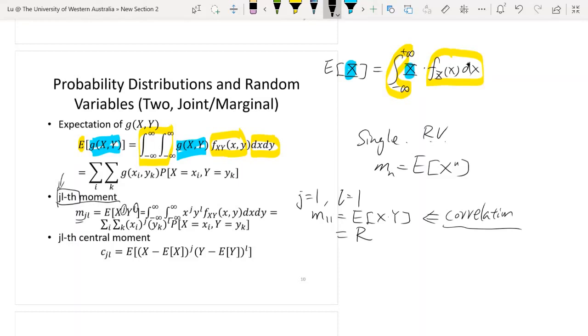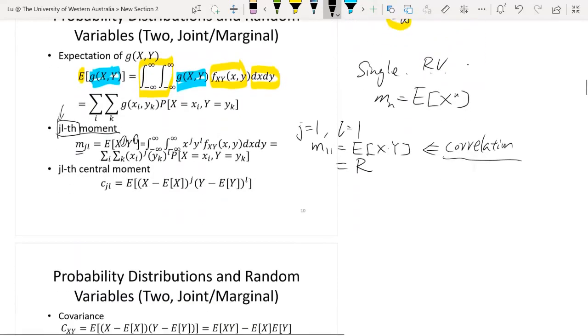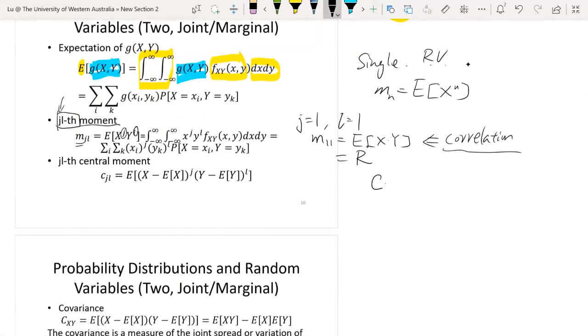And the next concept is the central moment, so the JL's central moment. Last week, regarding the single random variable case, the nth order central moment is defined as the expectation of the random variable x minus the mean value of the x, then power to n. This is what I have learned last week.